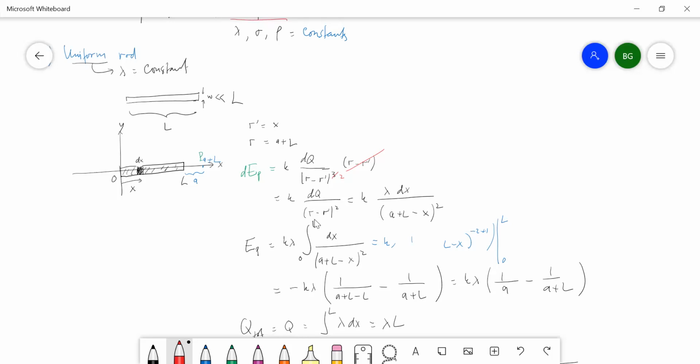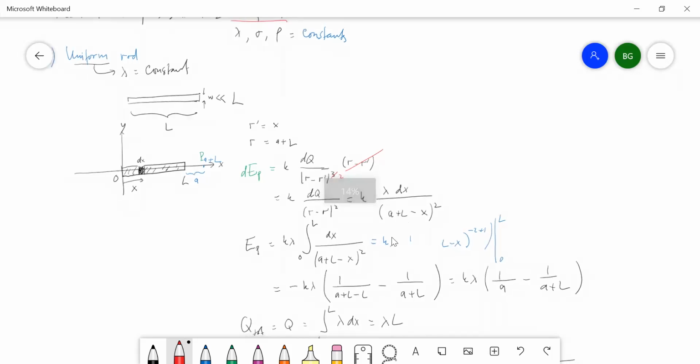If we plug in R minus R1, it is A plus capital L minus x.